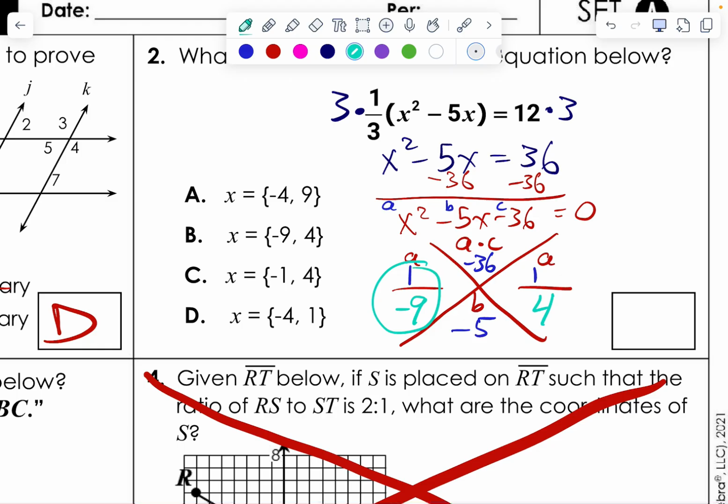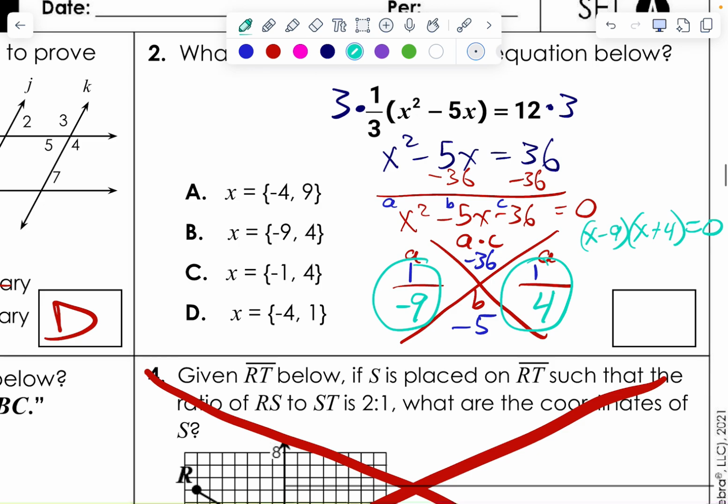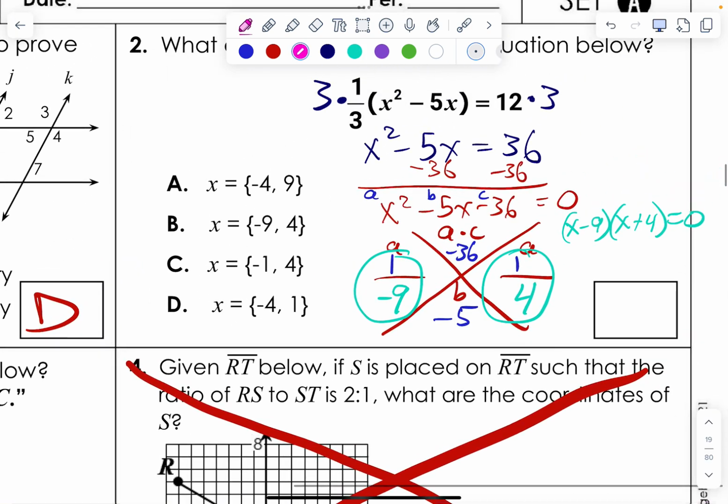And then we reduce, both of these are reduced, so our 2 factors will be x minus 9 and x plus 4. That's our 2 factors. And when we solve for each of those, what do we get? Remember we set each of these equal to 0.